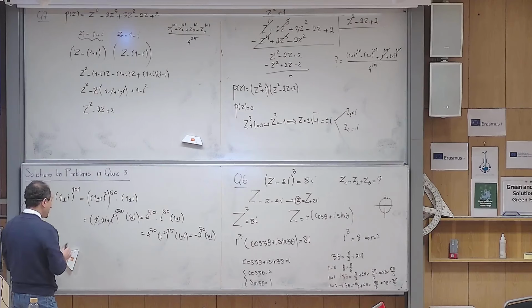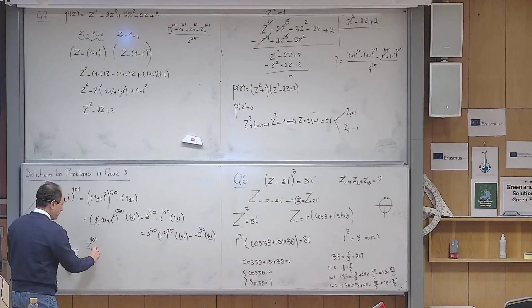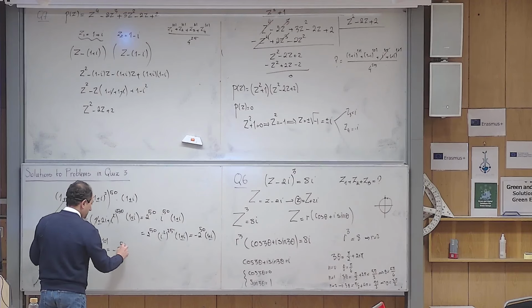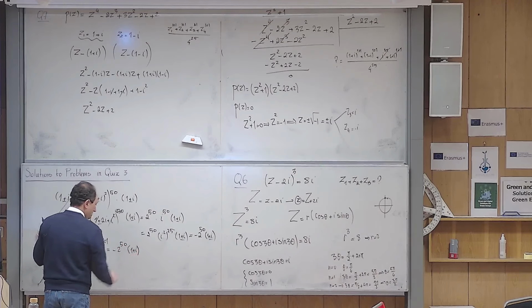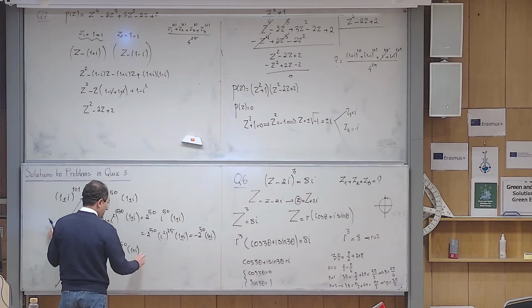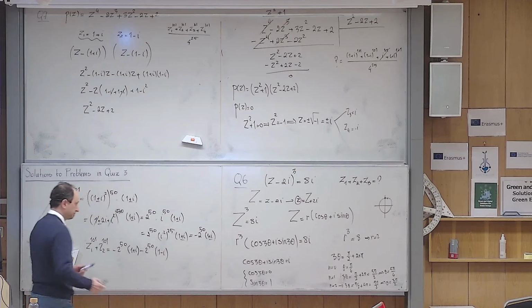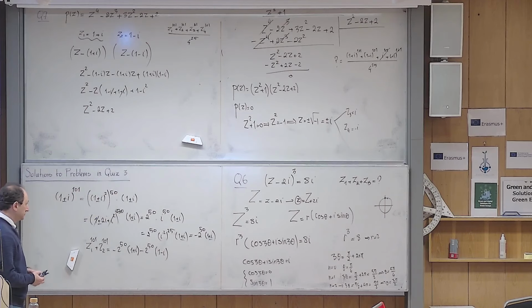Okay, so if I add them, let me finally write z1 to power 101 plus z2 to power 101. Is how much? Is this expression with minus this, plus the same expression with negative sign? No, because it's minus i to power 50, right?